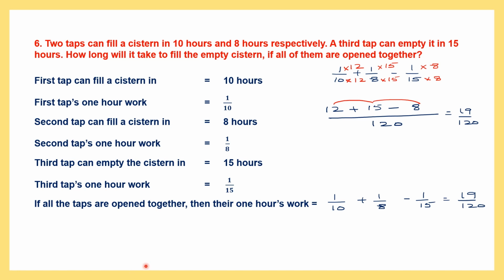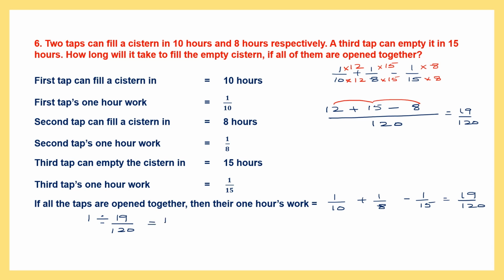Now if all the taps are open together, their 1 hour's work is this. Now it's asking how long will it take to fill the empty cistern if all of them are open together, isn't it? So the total work is 1. This is divided by 19 by 120, the 1 hour's work. The total time is 1 divided by 19 by 120.